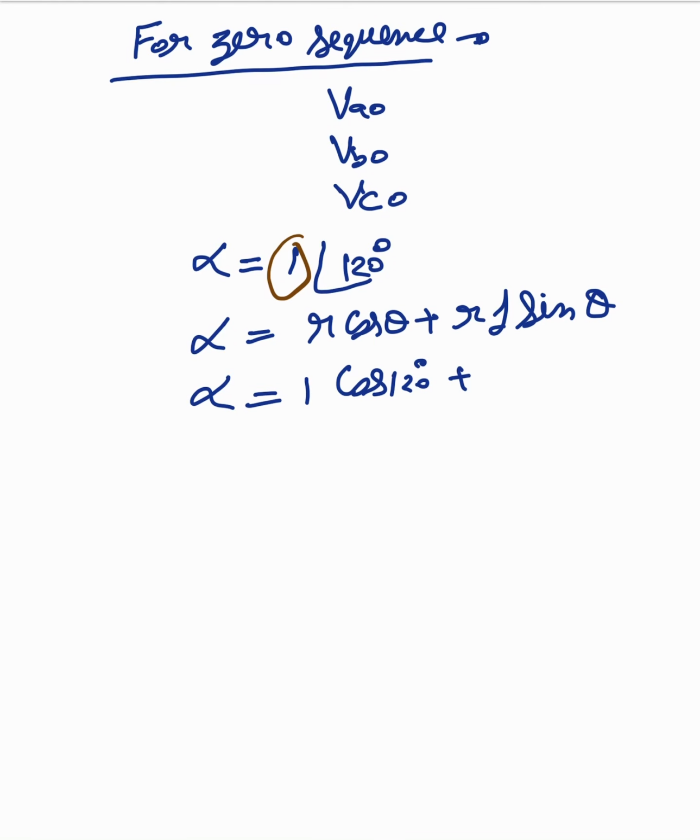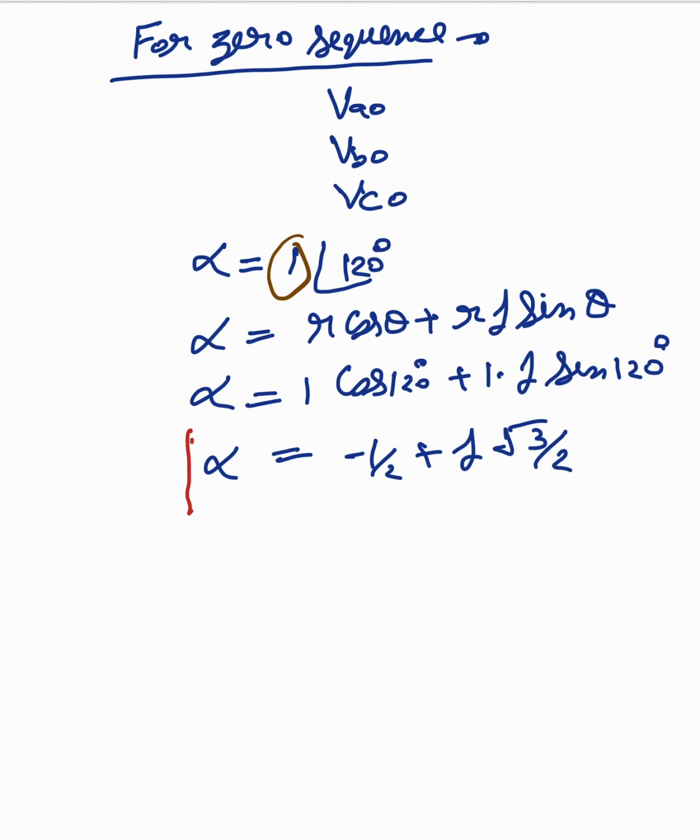So we can write 1 cos 120 degrees plus 1 J sin 120 degrees. Cos 120 is minus half, plus J sin 120, which is root 3 by 2. So that is the value of alpha.